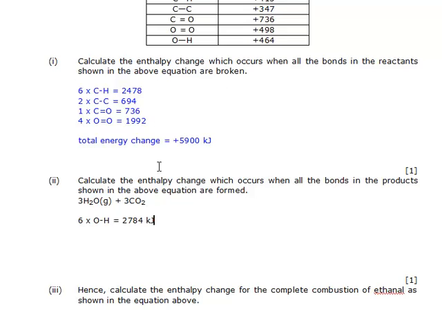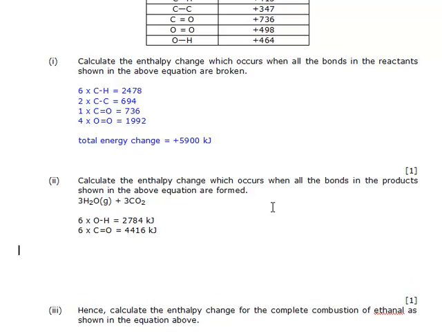kilojoules. We've got 3 CO2, so we've got 6 C double bond O, and C double bond O is 736. So it's 736 times 6, 4416 kilojoules.